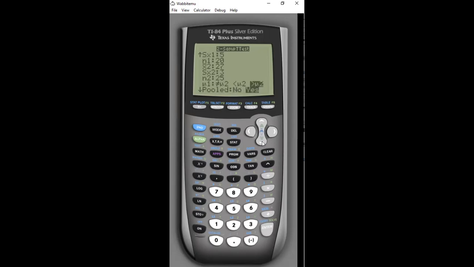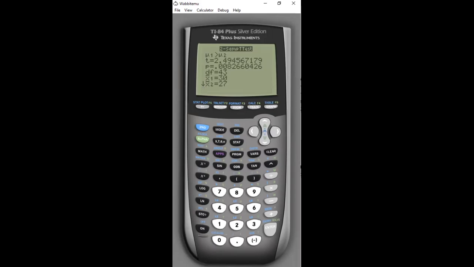We want to find the pooled value because we assume they're taken from normal populations with equal variances, so we say yes to Pooled. Then you calculate, and they give you all this information. Now, what does the problem ask? They want to find the pooled variance.